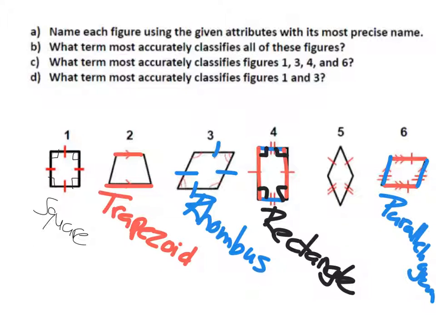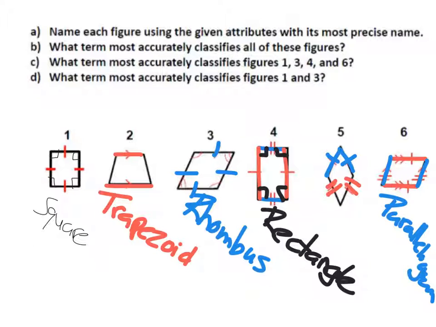Going back to number 5, I don't have anything on my figure that's showing that I have parallel lines. So while it may look like there are parallel lines, I don't actually have anything on there that states that they are. However, I do have 2 tick marks on this edge and 2 tick marks on this edge, showing me that the next to each other sides, or the adjacent sides, are congruent, just as this side and this side are congruent.